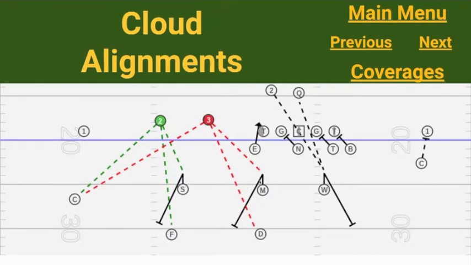Cloud is going to get 5 defenders over the 3 receiver side, and then you're one-on-one on the single side, which makes sense if, number 1, that corner can cover the number 1 receiver, and number 2, if that running back is set strong, you really don't need as much run support to that single side.